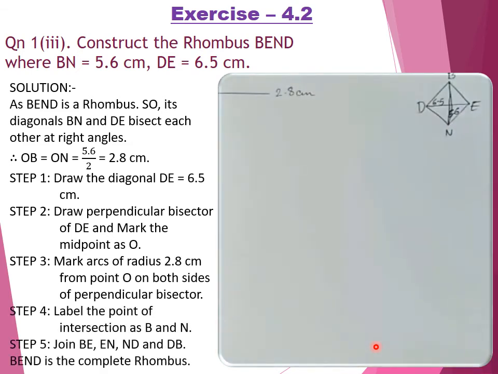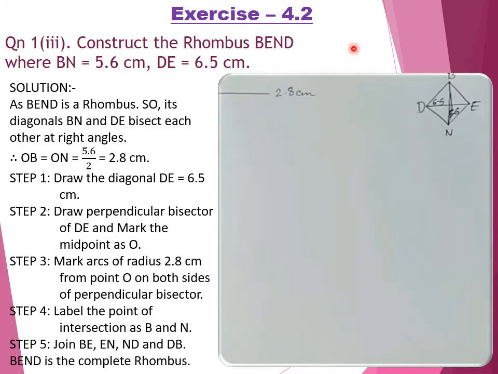Now we already know that the length of none of the sides are given right here. Only the length of the diagonals are given. So we have to work out with the properties of a rhombus.